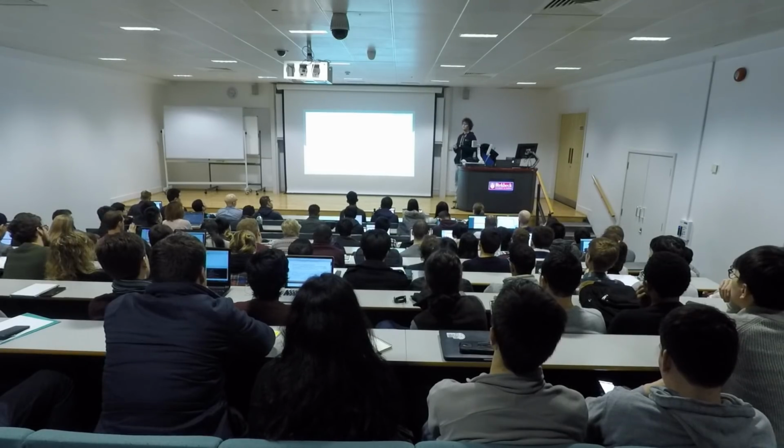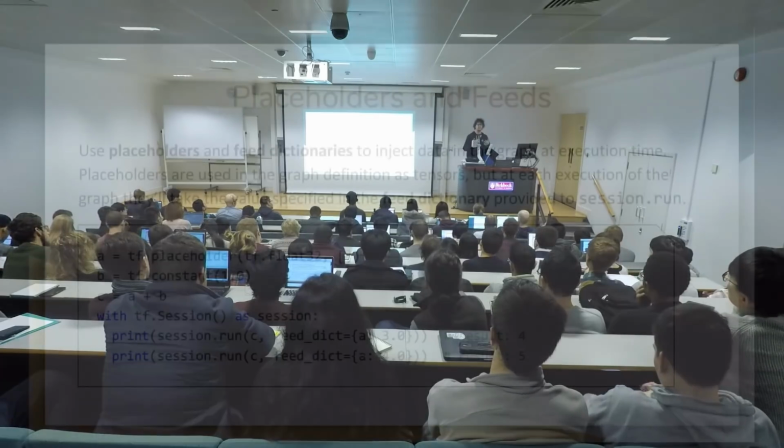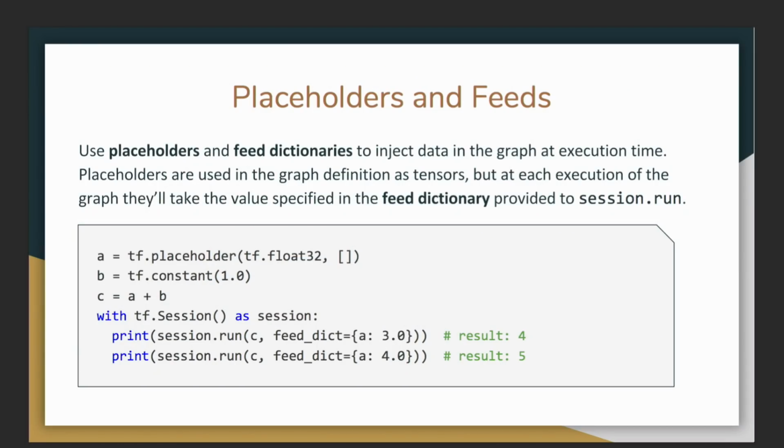If you need to feed input data into your graph, and you need this data to change across different executions of the graph, as is very standard in machine learning where you want to feed different inputs at every update, then you need to use placeholders and the feed dictionary. These are two TensorFlow components that allow you to inject data inside the graph at execution time.